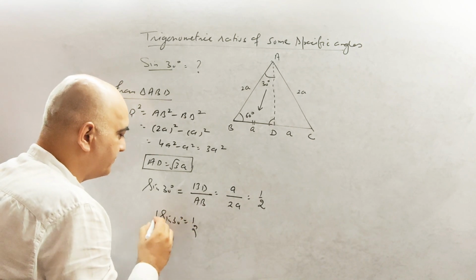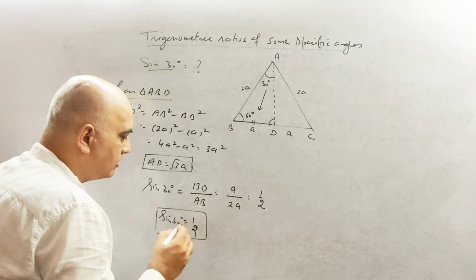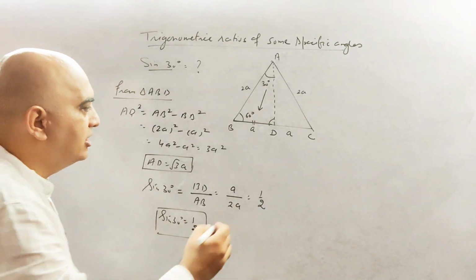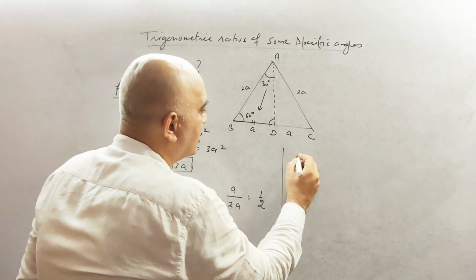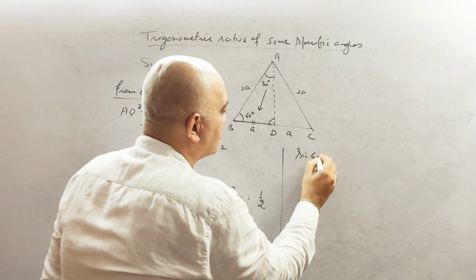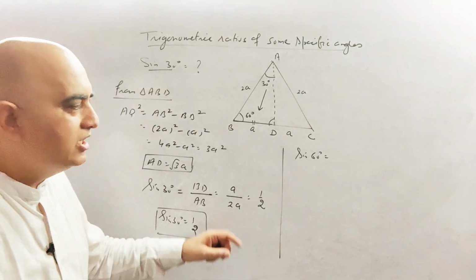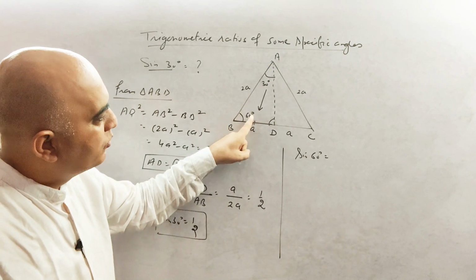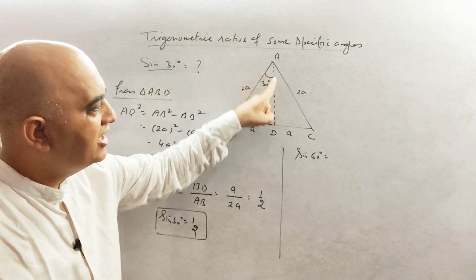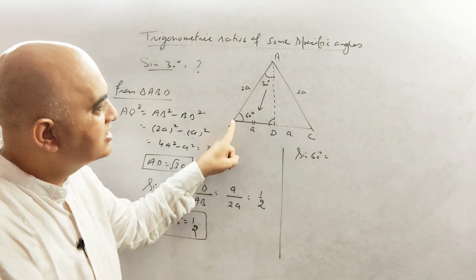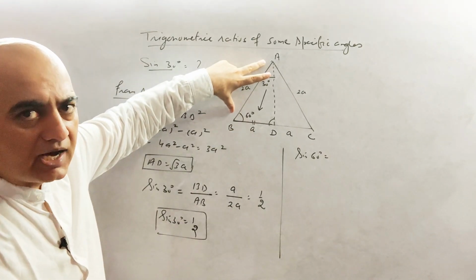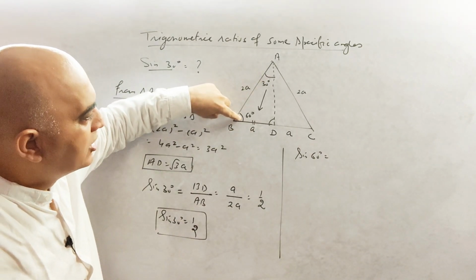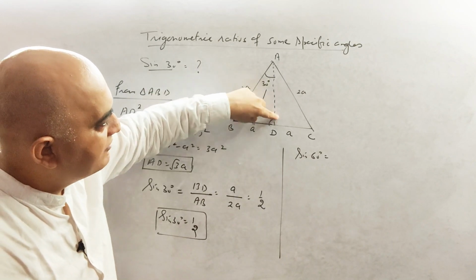It's okay, there is no problem to calculate this value. Similarly, from the given triangle, we can obtain the value of sine 60 also. What is the value of sine 60? We can see from this triangle, for 60 degree, AD is the perpendicular, BD is the base and AB is the hypotenuse. In front of 60 we have AD.